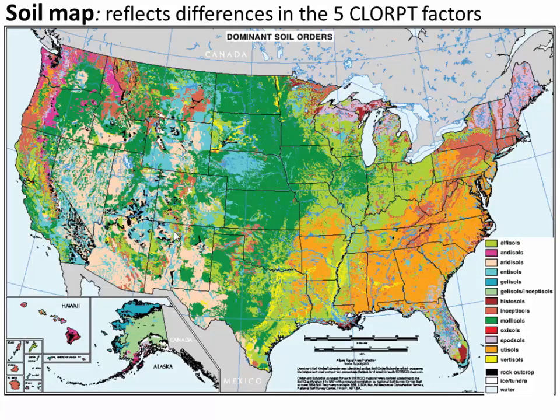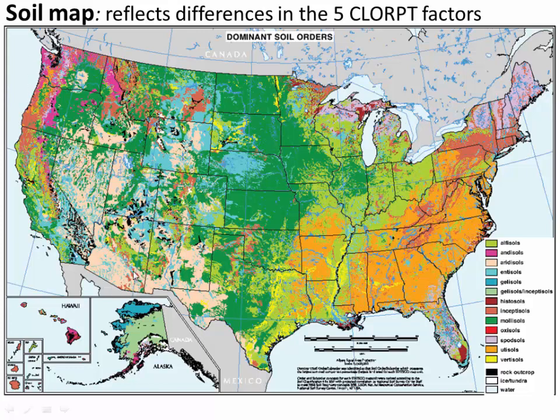But before I do, I want to show you a soil map of the United States. Here we've got 10 or 12 different soil types, and they're spread widely across the United States. And these different soil types reflect the differences in the 5 ClORPT factors. We know it's very wet and volcanic in the Pacific Northwest.